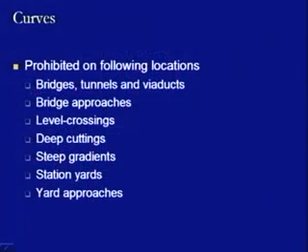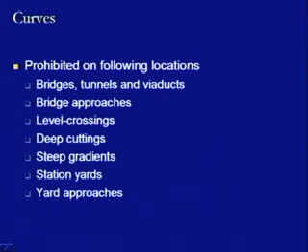Then there are certain locations where curves are prohibited, like on bridges, in tunnels, and on viaducts. We have seen in the case of bridges, when we discussed the obligatory points, that as far as possible at the sections where bridges are being provided, there should not be a curve; these should be provided on a straight section.